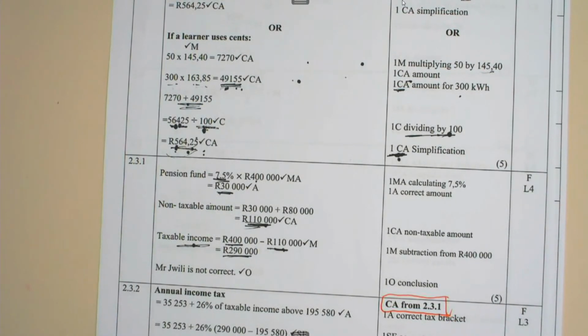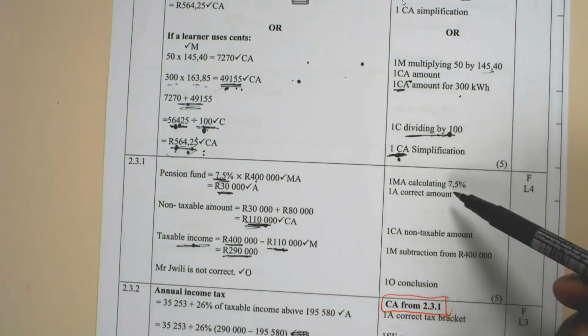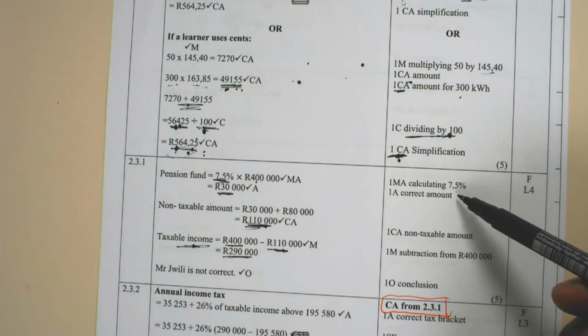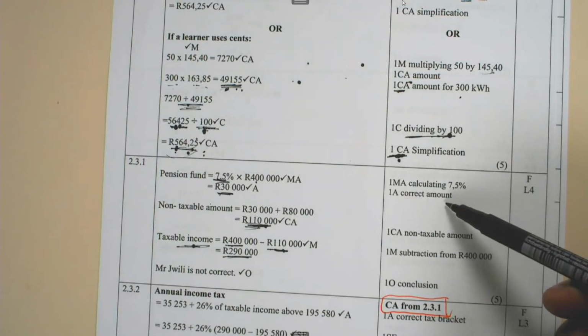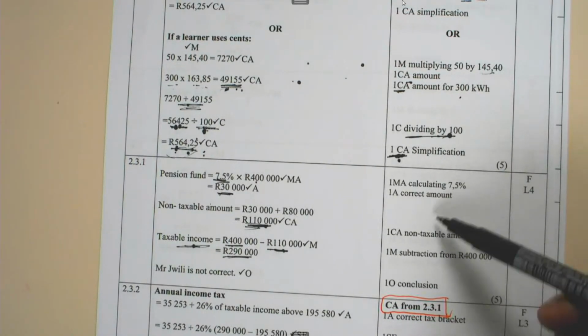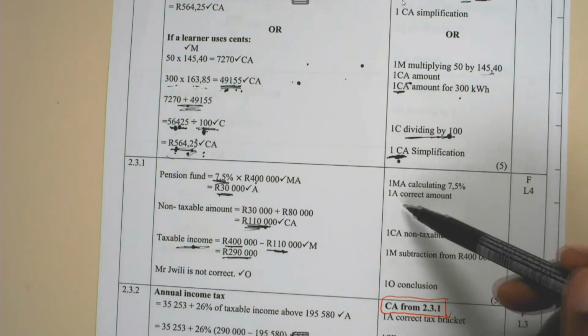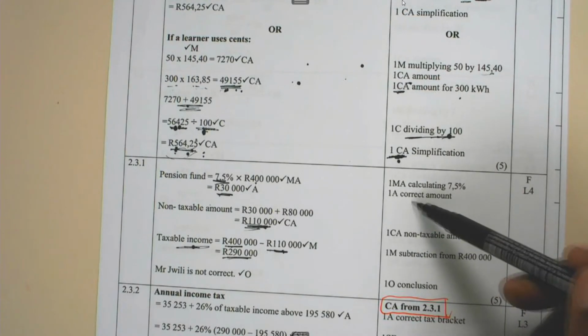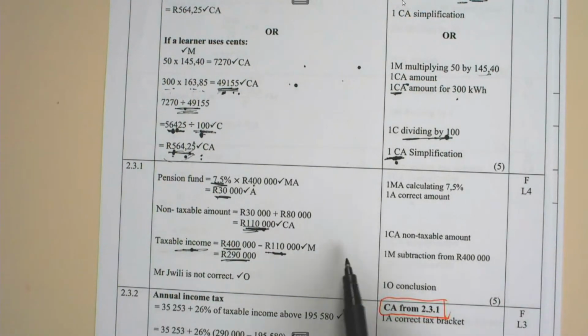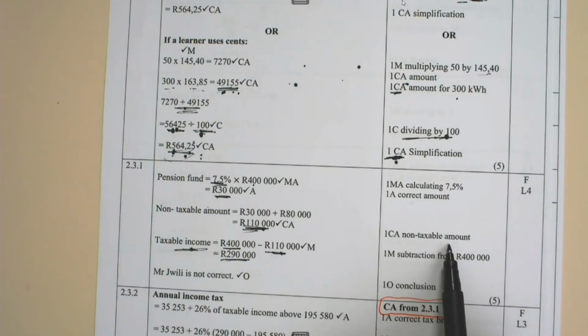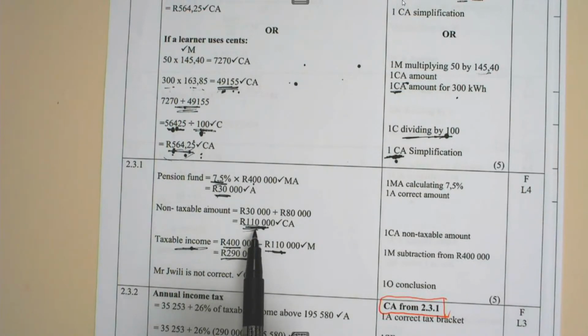Then the answer that you get there is 290,000. Now, if you check, calculate 7.5%, 1 mark for method with accuracy, and then an accuracy mark for the correct amount. And then you go to the next one, a CA mark for the non-taxable amount, which is 110,000.